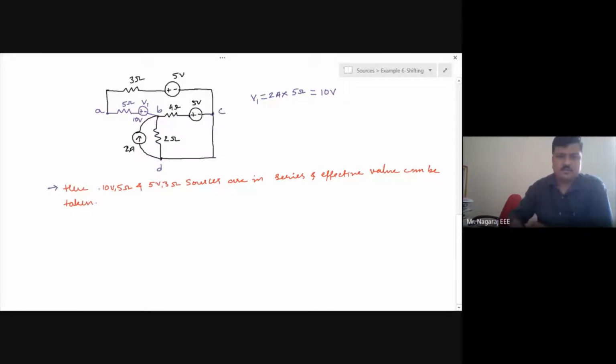So I will get a new circuit where this 5 ohm and 10 volts, 3 ohm and 5 volts are in series. So this node becomes B. Node A will get consumed in the effective value calculation, and here this is 2 ohms.